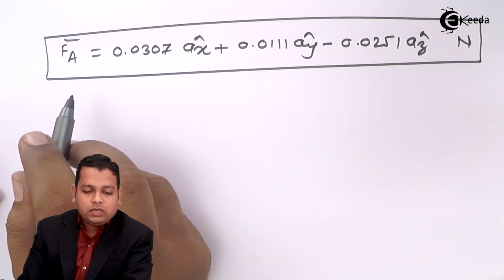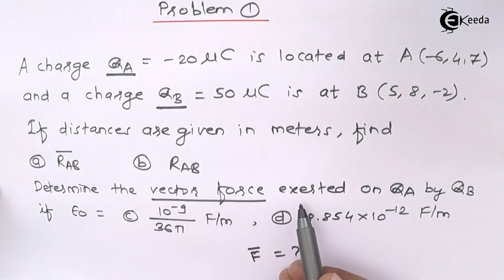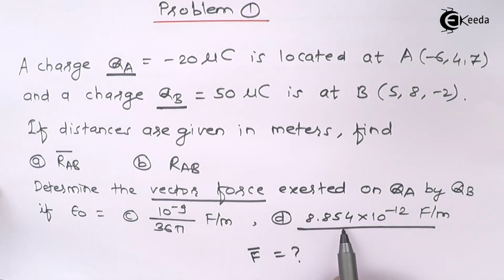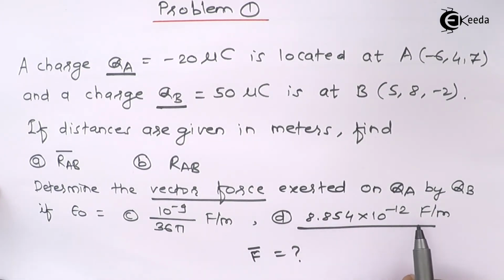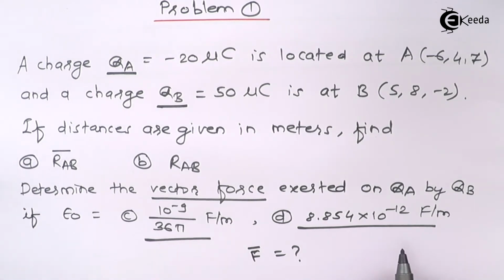Now in the part D, we are asked to determine again the vector force exerted on QA by QB for the value of epsilon 0 to be equal to 8.854 into 10 raised to power minus 12 farads per meter. So instead of substituting the value 10 raised to power minus 9 upon 36 pi, we will take the value 8.854. So let us do it.